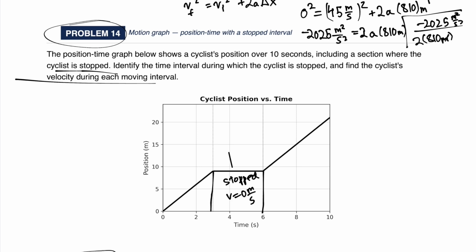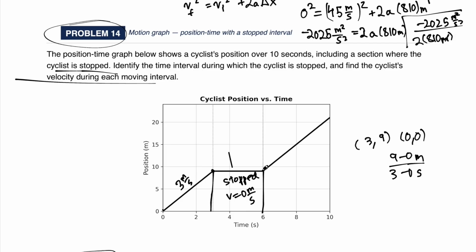Find the cyclist's velocity during each moving interval. So obviously I don't have the exact position here, but it's approximated to be 3, 9. And then I start at 0, 0. So 9 minus 0 over 3 minus 0. This would be in meters, this would be in seconds. I get 3 meters per second over here.